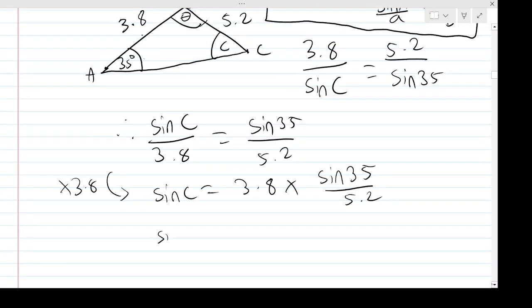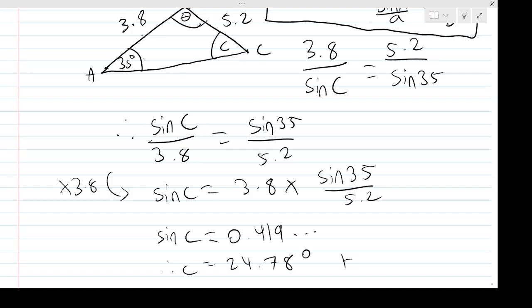So then I'll get sine C is equal to 0.419 and some decimal. Therefore C, if I inverse sine, I get 24.78 and some other decimal degrees.